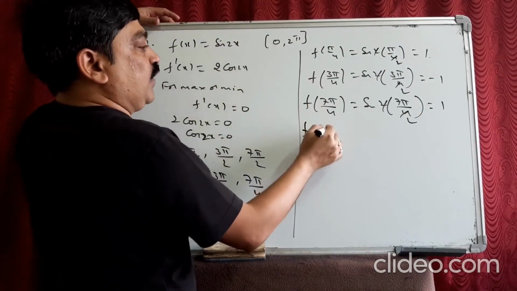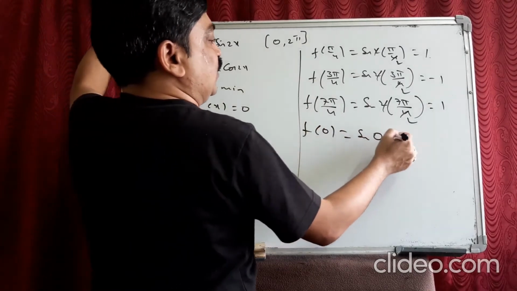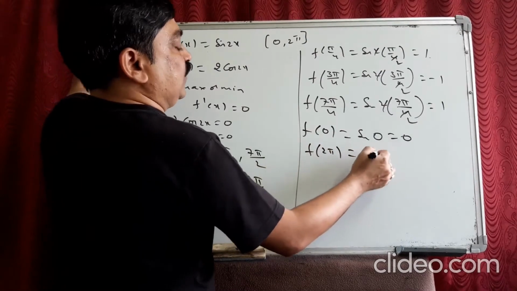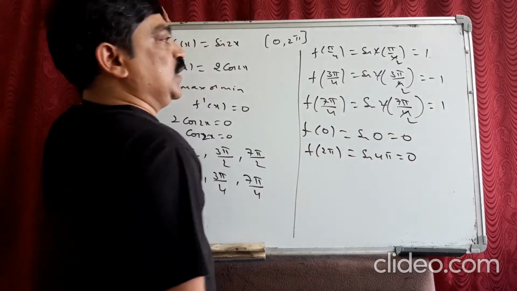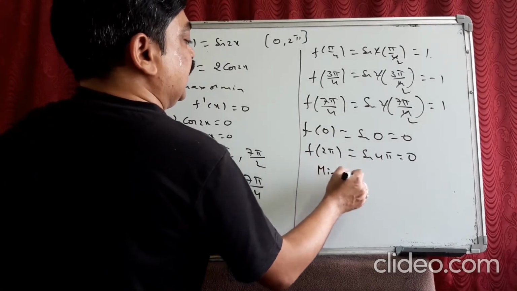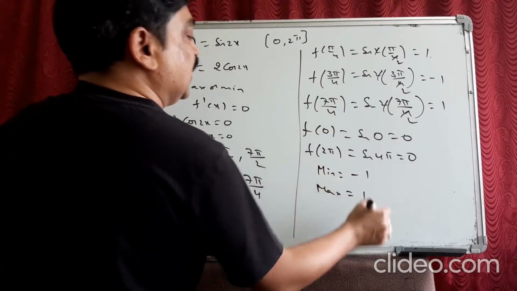Now we take these two: f(0), sin 0, is 0. And f(2 pi), sin 4 pi, becomes again 0. So what is the minimum value? Minimum value is minus 1 and maximum value is 1.